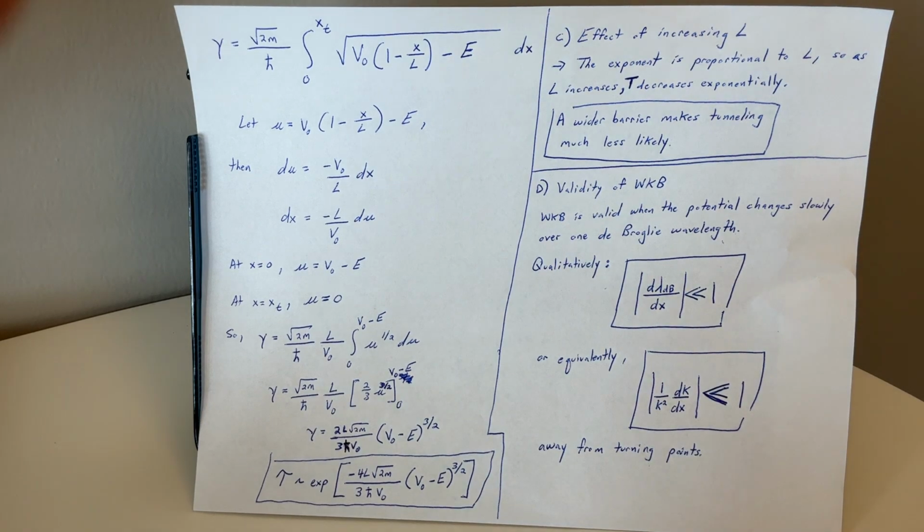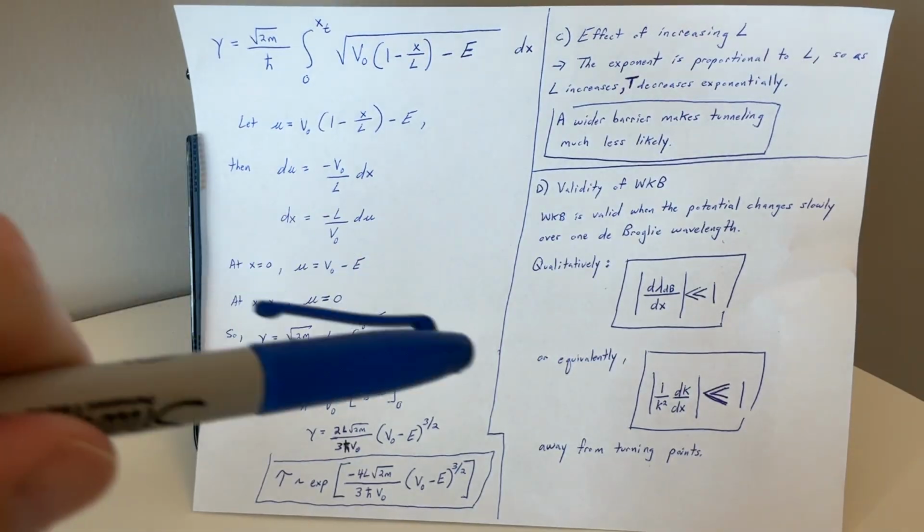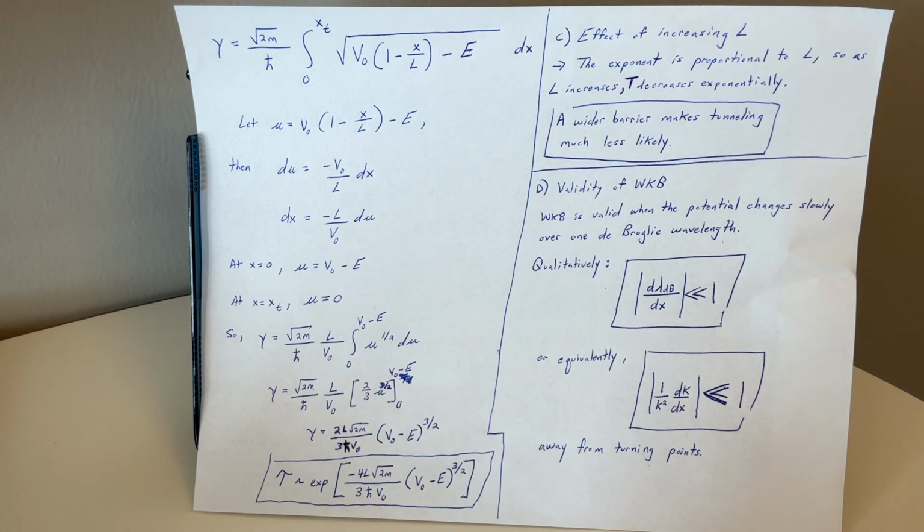And here we have the expression written qualitatively, and equivalently the other expression written under it, with the respective moduli. And those hold away from the turning points. So that's letter D, which completes number 3, A, B, C, D. Yep, we can move along to number 4.